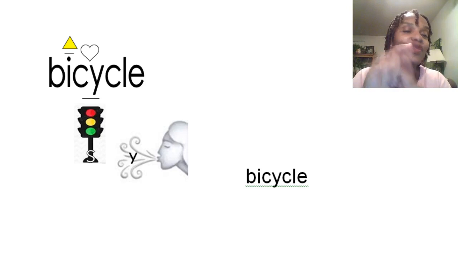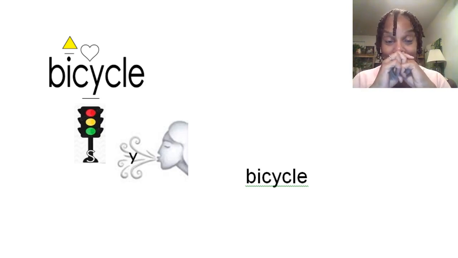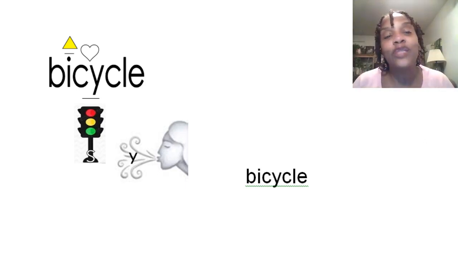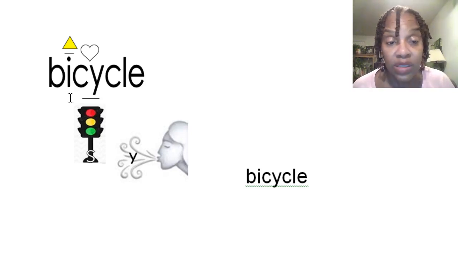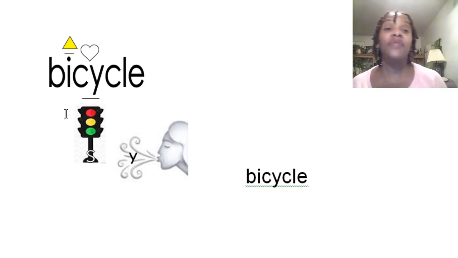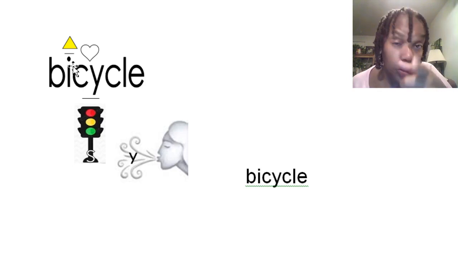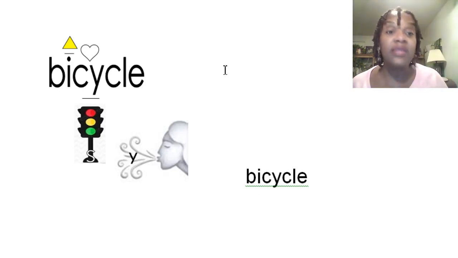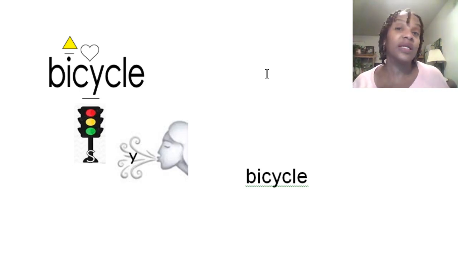All right, so using the sound out clues that I provided for you on the screen, can you sound out this word before I give you the answer? Let me give you some clues here, or help you decode the codes. In this word, the letter I, remember we talked about this a long time ago. Whenever you see a little teeny tiny line over one of the vowels, that's your tip that that vowel is clowning around saying its letter name, or its long vowel sound, if you like, right?